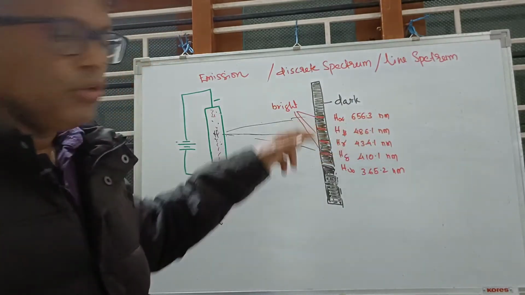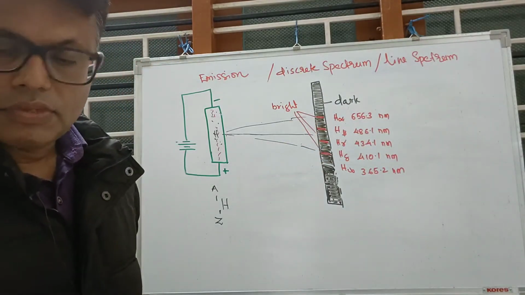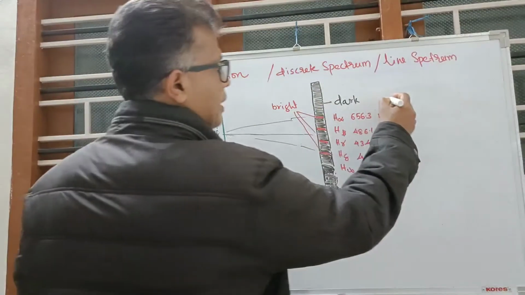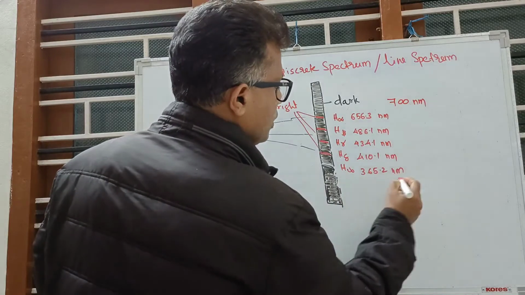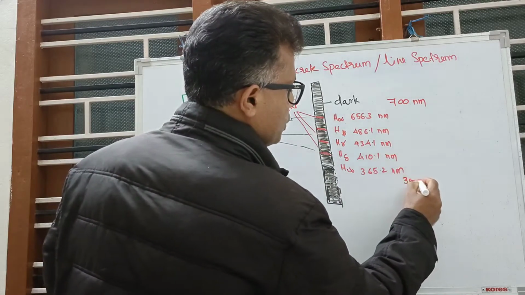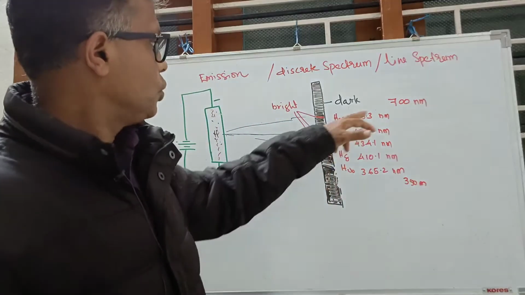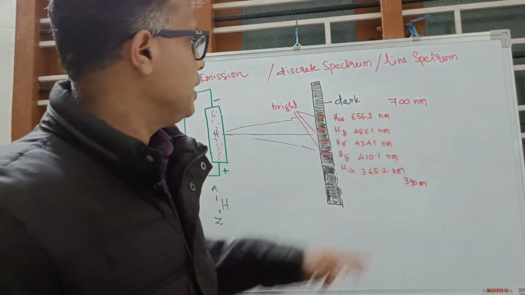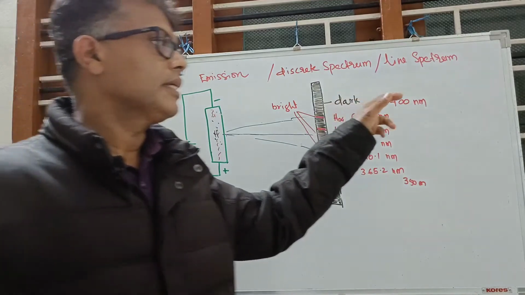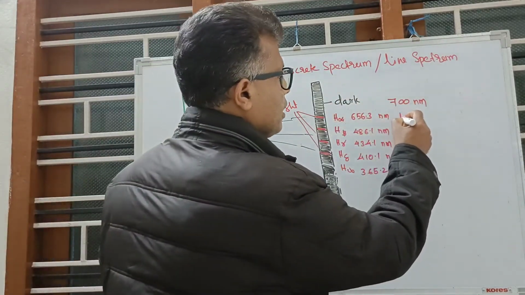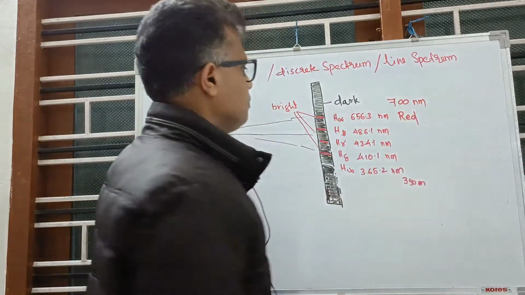656.3 nanometer. You know what the visible range is? Visible range is from 700 nanometer to 350 nanometer. So this one, 700 is very near to that. It is very near the 700 range, so this one will be red color. Clear, no?